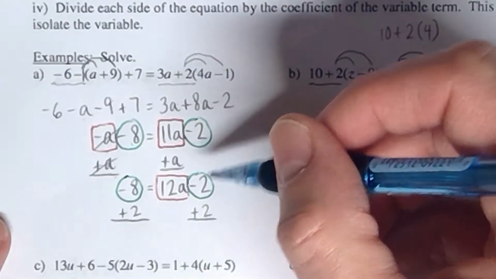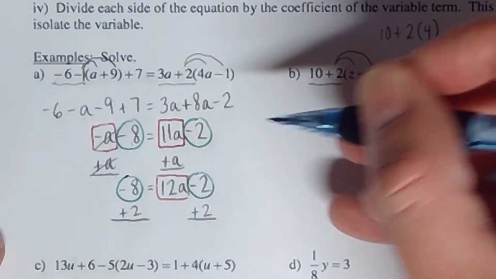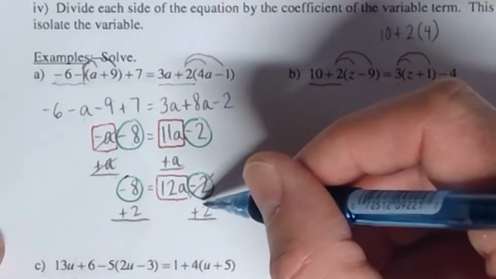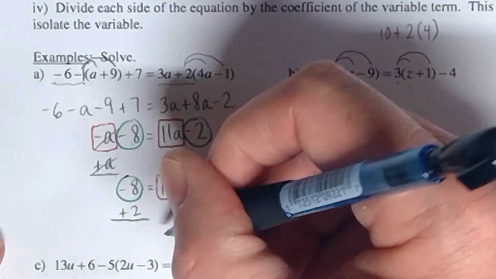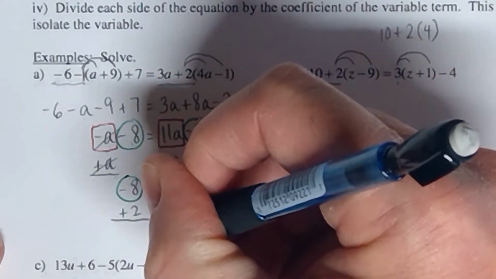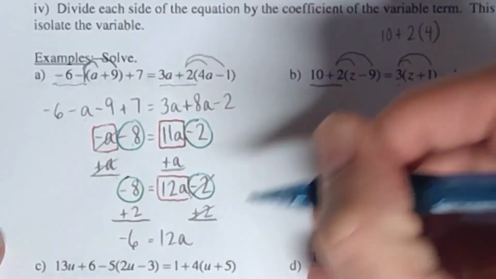That means to add 2, because this is minus 2. If it had been plus 2, you would have said minus 2 underneath it. Either way, it's going to cancel so that you're left with 12a only here, because everything else canceled. And then this becomes negative 6.